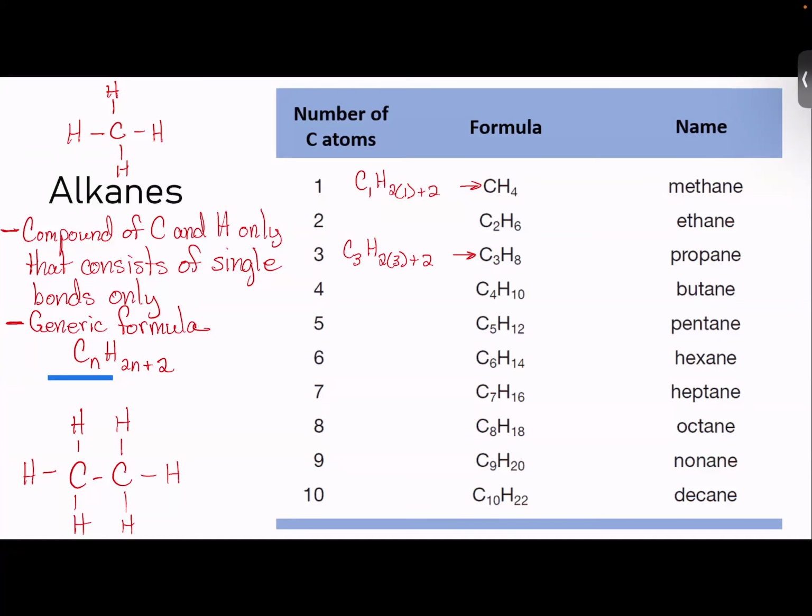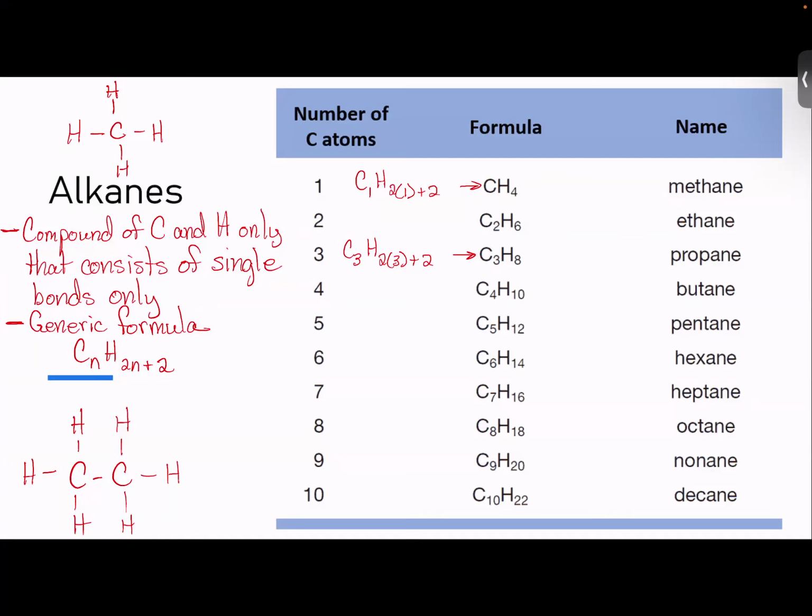Propane, because that's what it is. In other words, this is the relationship between the name and the formula. Again, I have a Quizlet that I will upload that gives you practice with your alkanes.